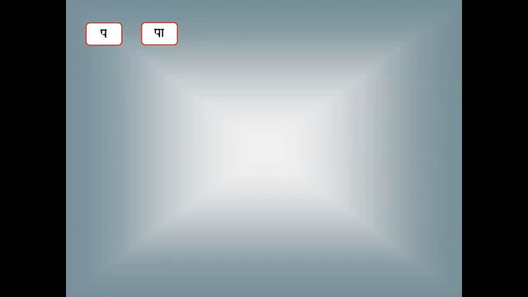The pa is just the simple consonant, and the other pa gets the vowel a, which is a long a. What is a simple vowel? A simple vowel originates from one place of the mouth.